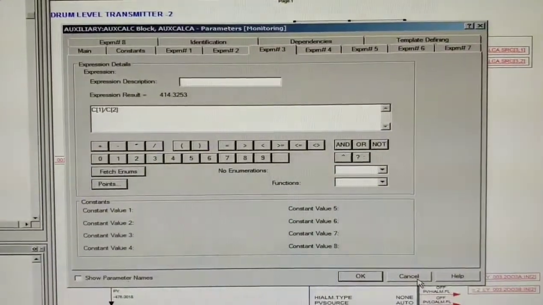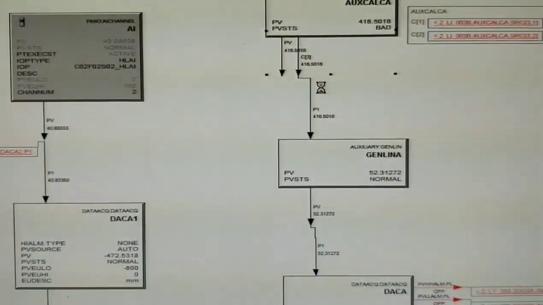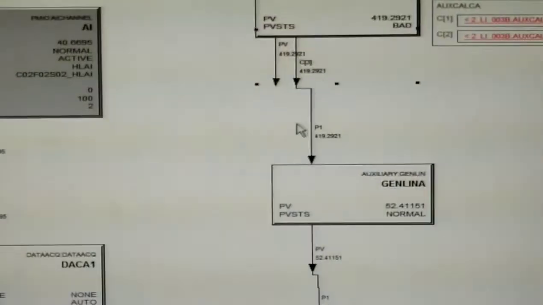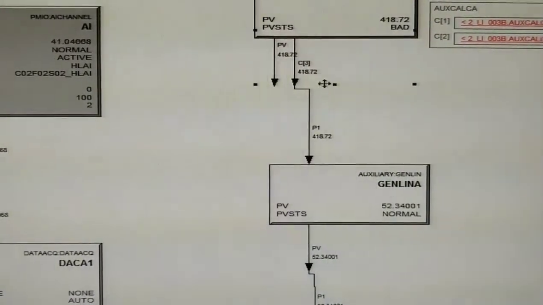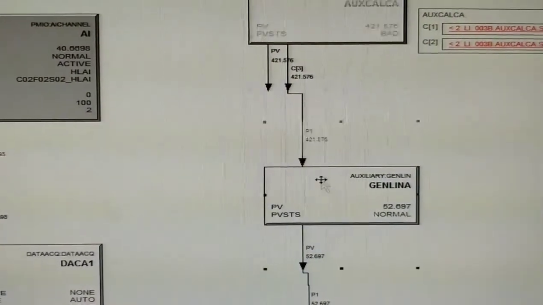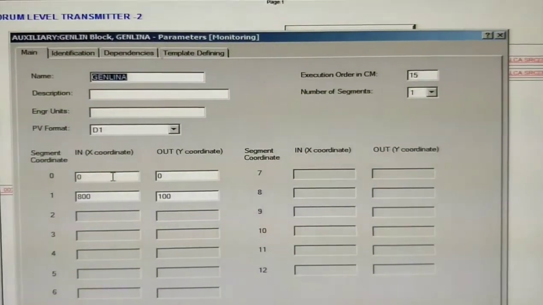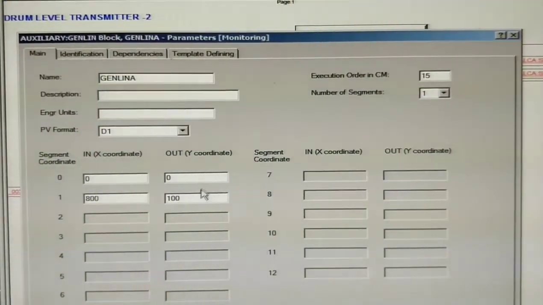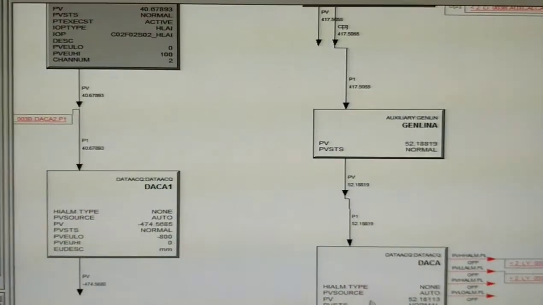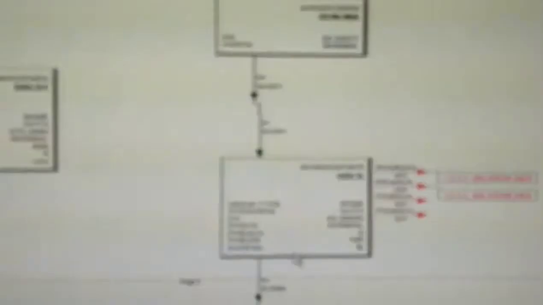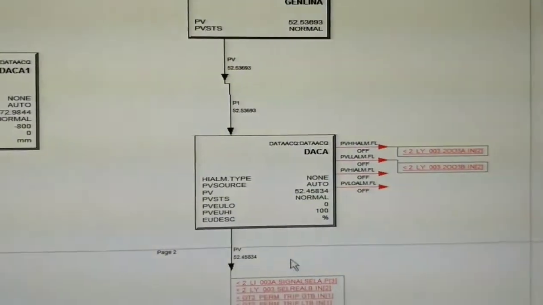From here the output we get is 419, and again we have converted this compensated raw drum level into the form of 0 to 100%. So the compensated drum level we are now getting is 52.3.